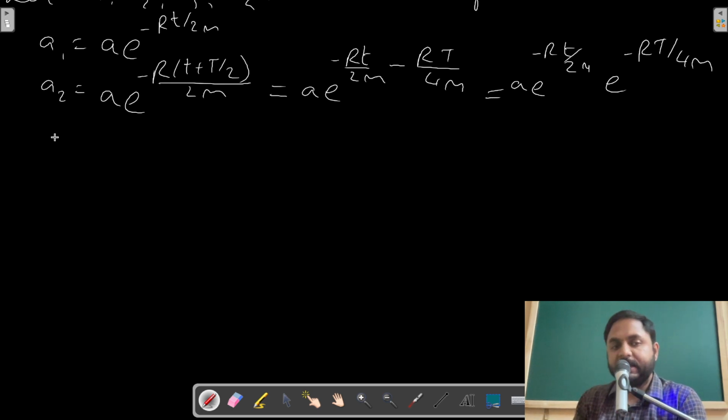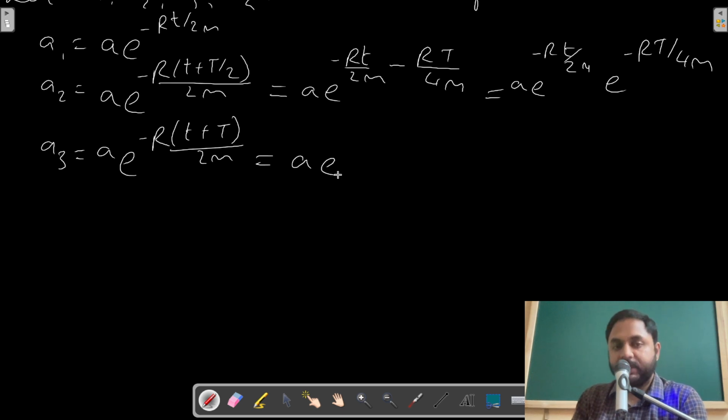Similarly, can you guess what will be the third amplitude? The third amplitude will be A e raised to minus r small t plus, you add half time period for every successive amplitude. So if I add t by 2 here, I should add capital T divided by 2m. So I will get A into e raised to minus rt upon 2m minus r capital T by 2m.